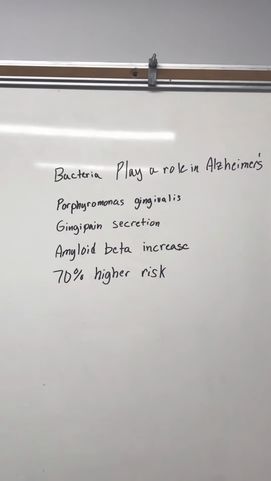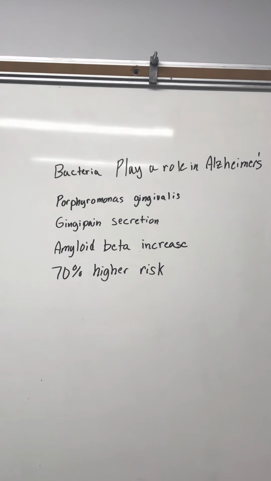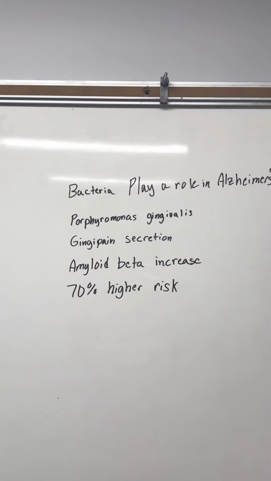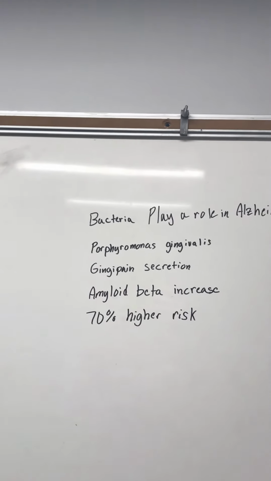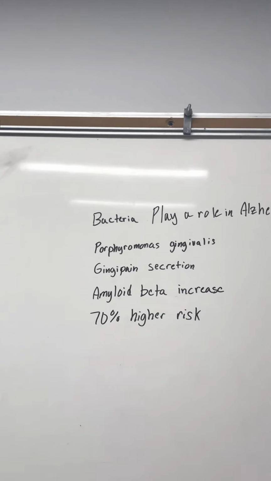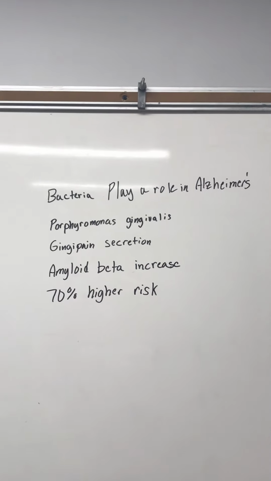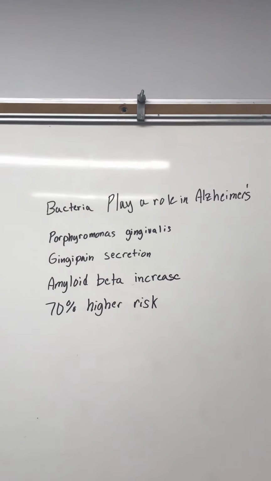brain, and when it does this, it can cause an amyloid beta increase, and the amyloid beta is really an amyloid pre-protein that is cleaved by a beta secretase, or it just basically cleaves the amyloid pre-protein, and it forms this amyloid beta.